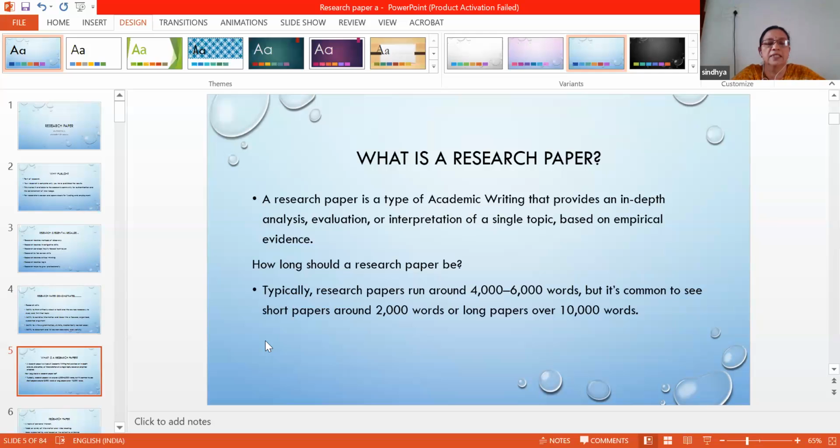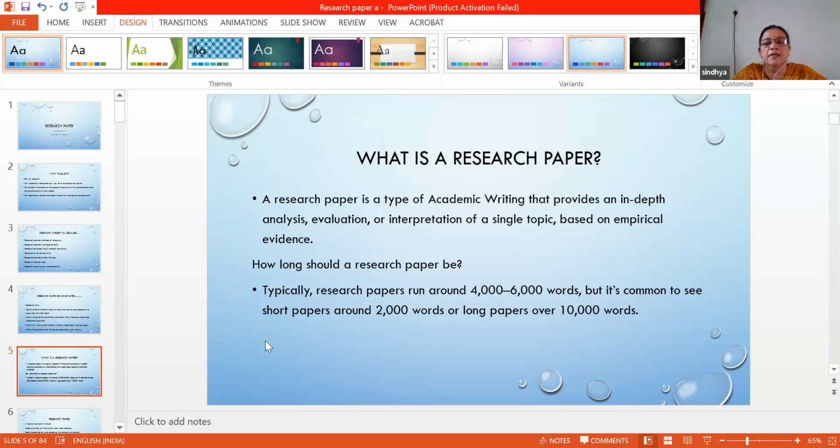So empirical research is being undertaken. We have to collect in-depth data, and we have to undertake in-depth analysis, and we have to evaluate the data which is available, and interpretations. All these are combined or collectively utilized in preparing a research paper.